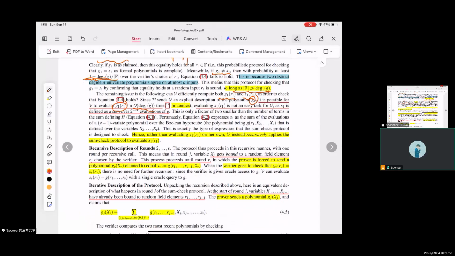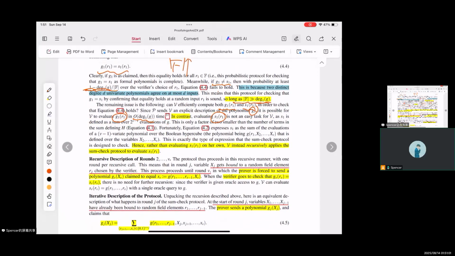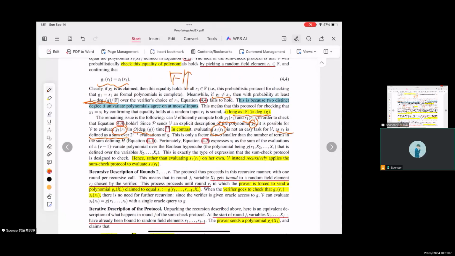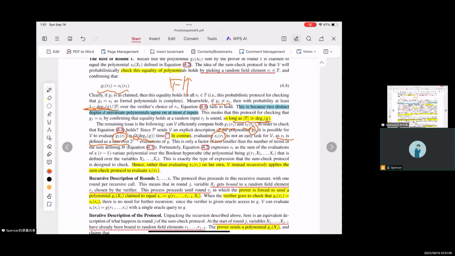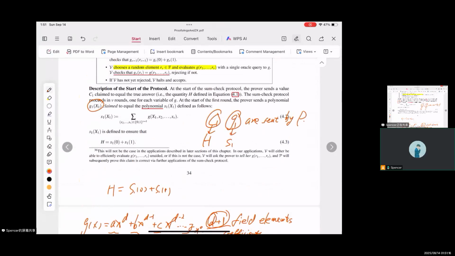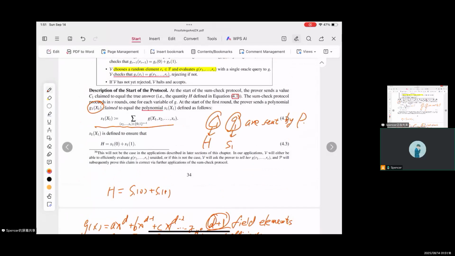But evaluating s1(r1) is not. It's very difficult, since s1 is defined as a sum. Let's say s1 is the sum over the evaluations of g over {0,1}^(v-1). Here is the definition of s1. If we compute this again, it is very time wasting.